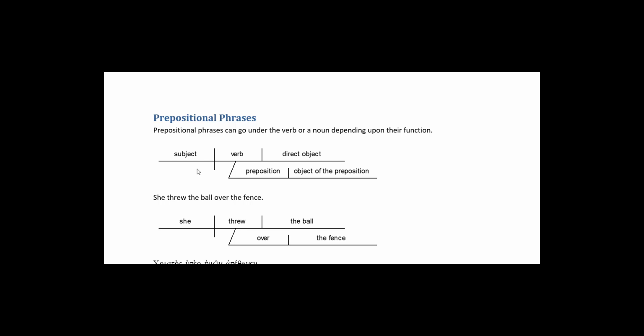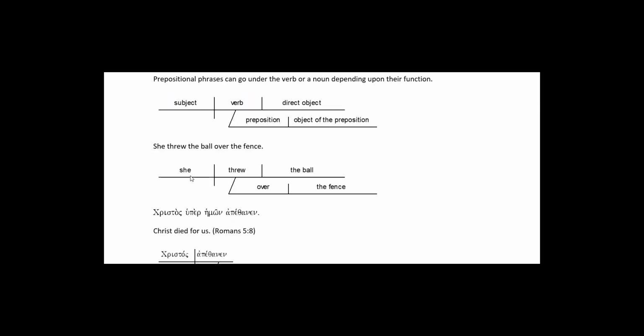Where would a prepositional phrase go? Well, it's going to go under the word it modifies. It might modify a verb or it might modify a noun. So let's say we had this sentence, she threw the ball over the fence. She threw ball, main idea. This phrase, over the fence, what kind of a question does it answer? Well, it answers a where question, which modifies the verb.